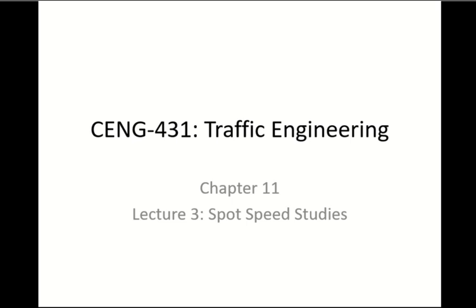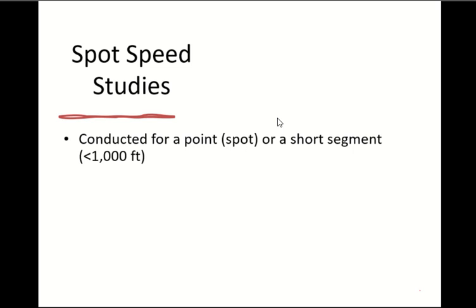How do we collect spot speed data? For poor people like us, they have given us a range. If you don't have a radar, then you will do simple distance upon time. You will have a distance, you will record the time of the vehicle to cross that distance, and then you will do distance upon time.